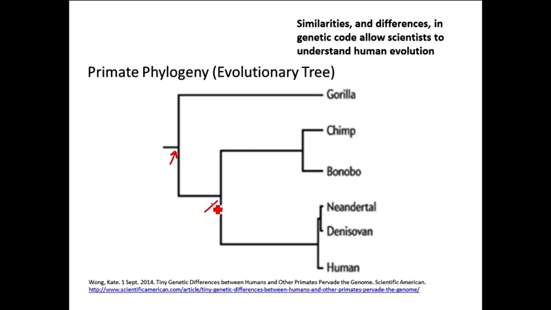These little spots are called nodes. They're areas where there's branching, where an ancestral species, so this would be an ancestral species here, and here, and here, and here, gave rise to some new group.